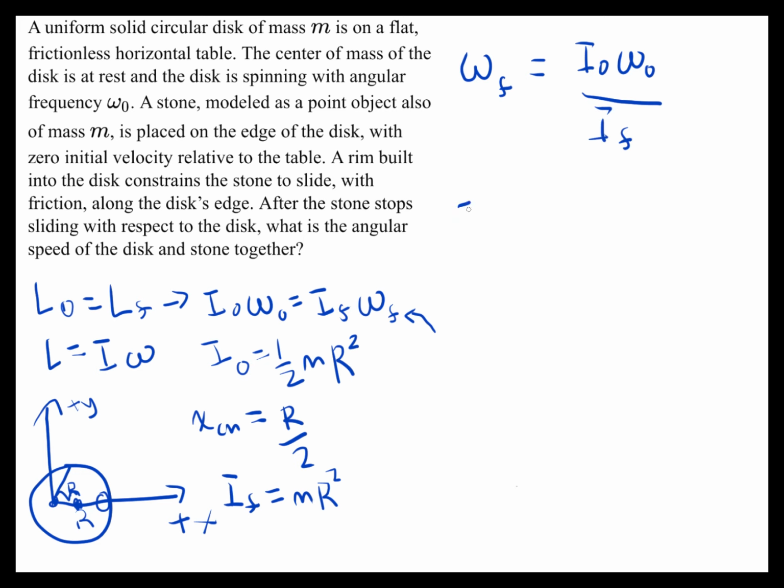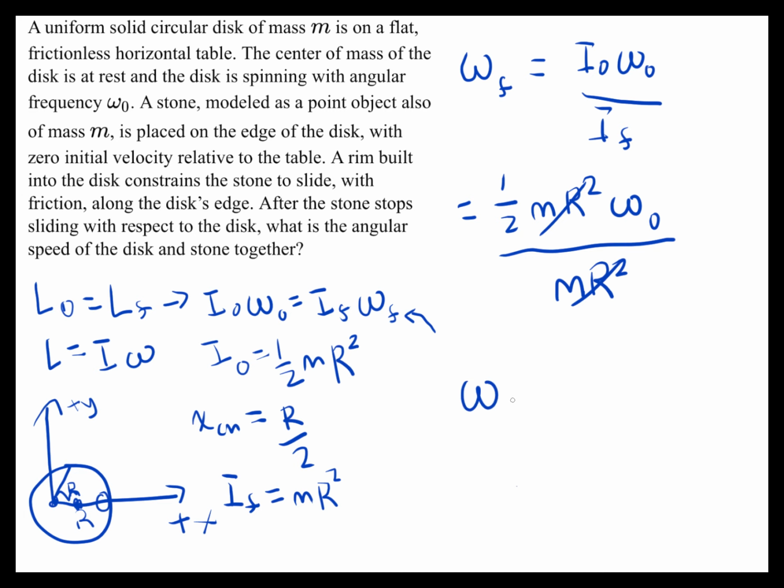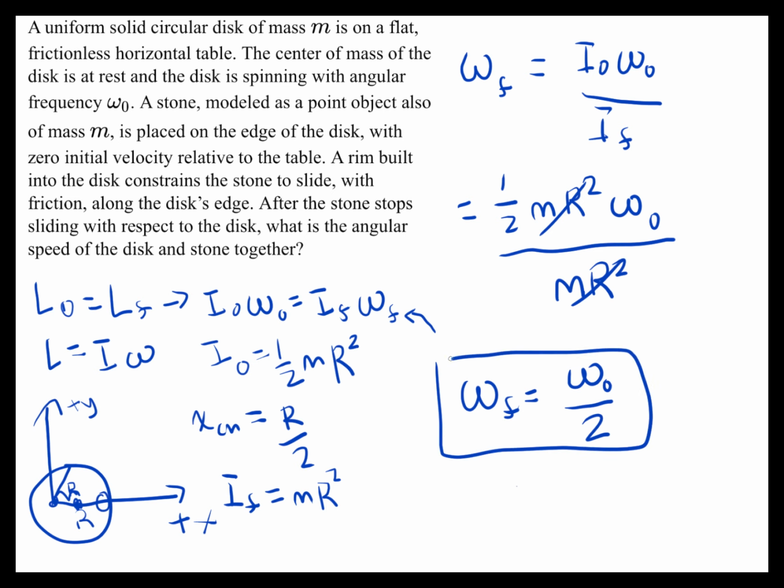Substituting in, the initial moment of inertia is 1/2 mr squared times the initial angular velocity, divided by the final moment of inertia, mr squared. The mr squared terms cancel, and you're left with the final angular velocity equal to the initial angular velocity divided by 2. And that is how you would solve this problem.